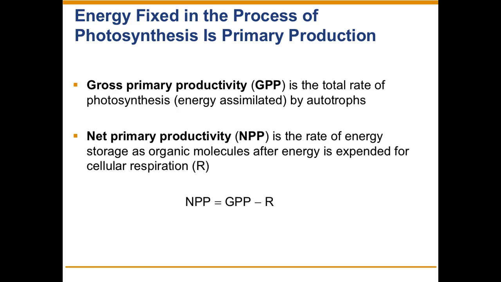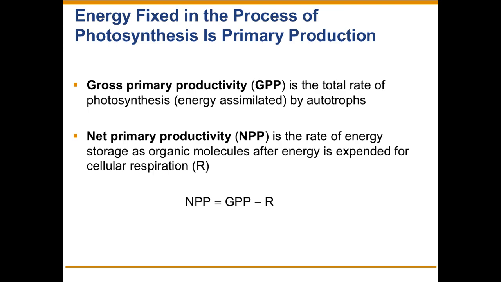When we think of primary production, it's really useful for ecologists to be able to measure this and understand the amount of production within a system and how that energy is transferred through a system. To do that, we need to first understand what we're talking about in terms of available energy and the amount of production.